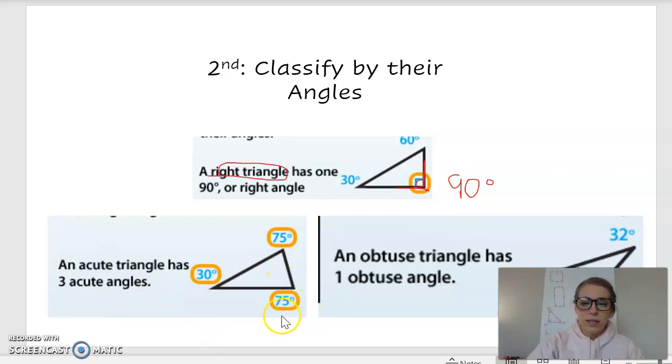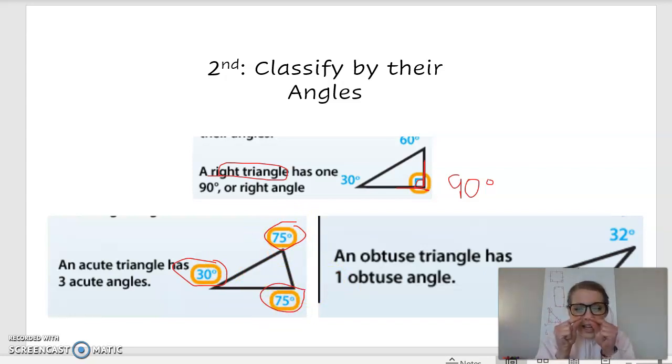Acute means that you have degrees less than 90. How I like to think of this is as a cute little triangle. So all of the angles are less than 90 degrees on an acute triangle. An obtuse triangle has a degree greater than 90 in it.